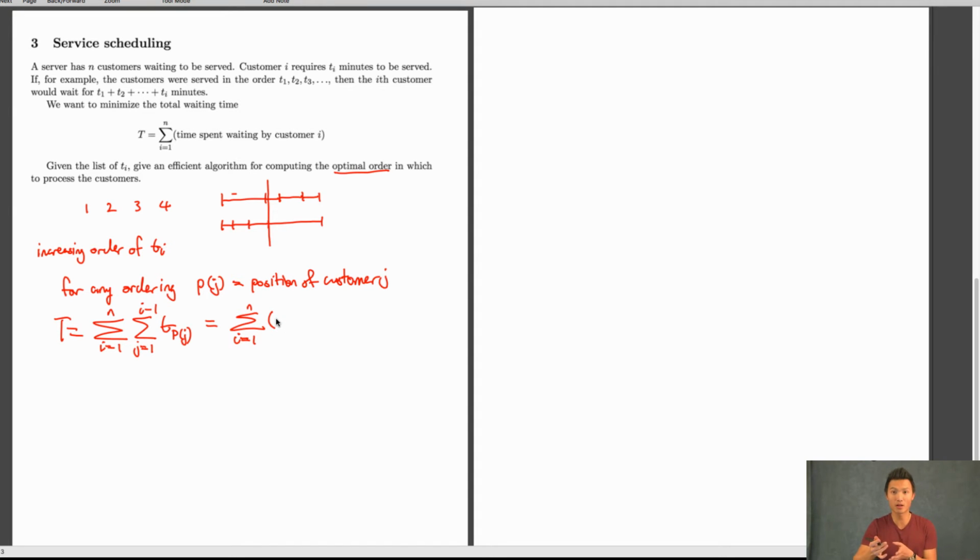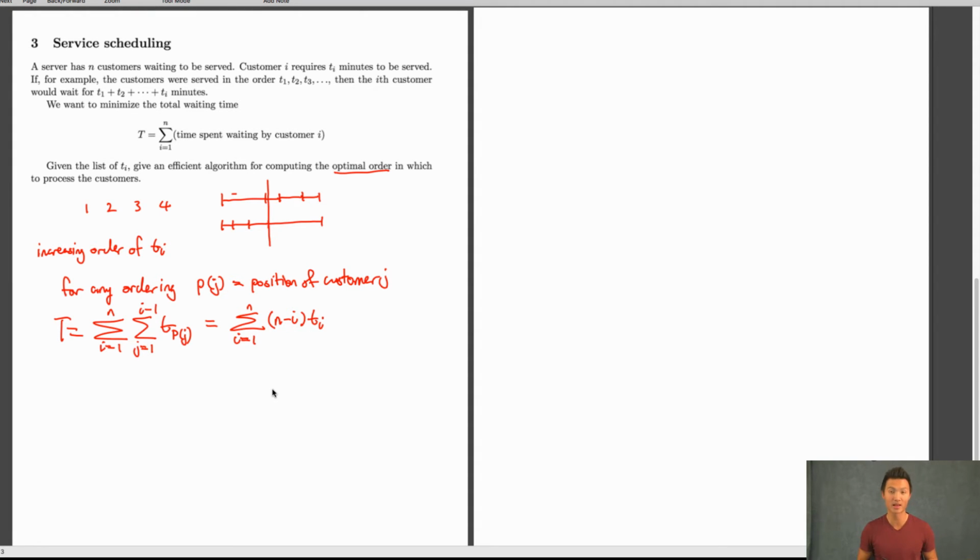For a certain customer, let's say T of I in this case, this T of I, the waiting time, gets propagated to all the customers behind you. So if we have this many customers behind you, this is the number of times we're going to add T of I to our total waiting time.